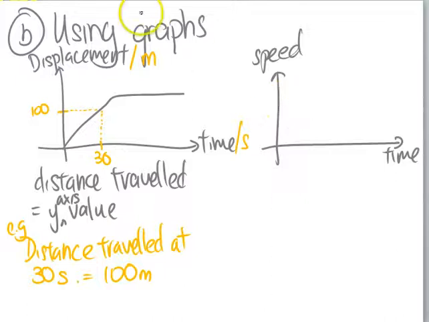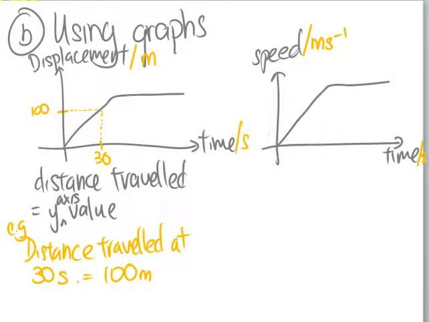How about if you get a speed time graph? The way we're going to do it is slightly different. The graph looks similar, but the units we give are meters per second, using the indices way of writing it, and time in seconds.